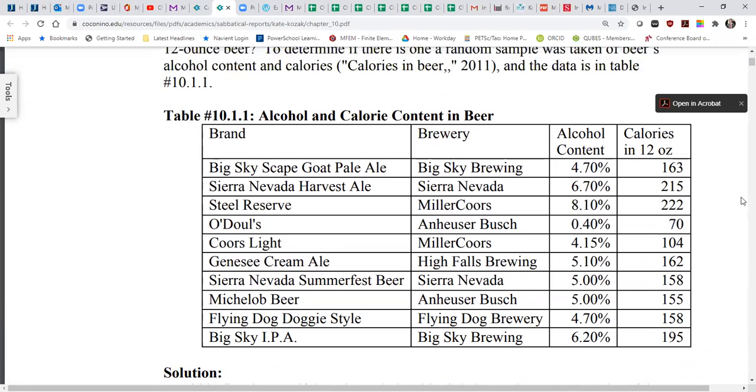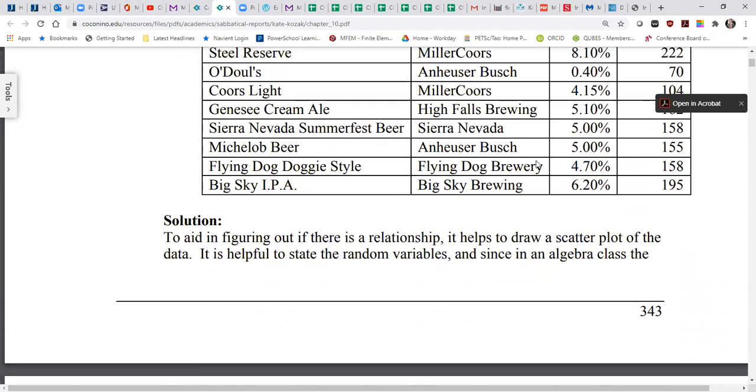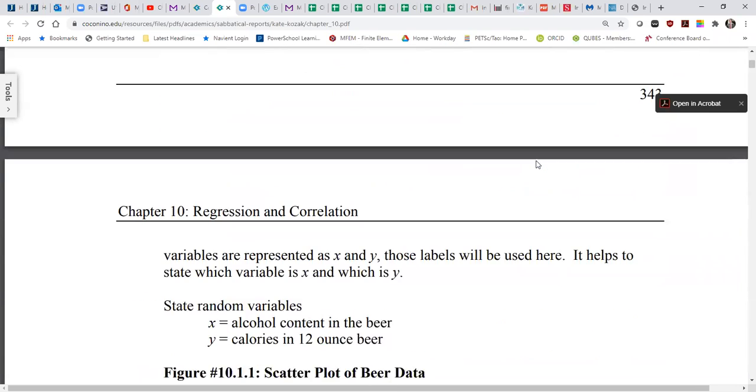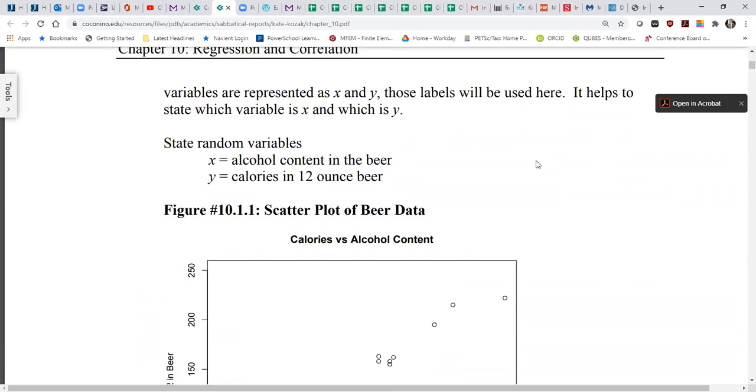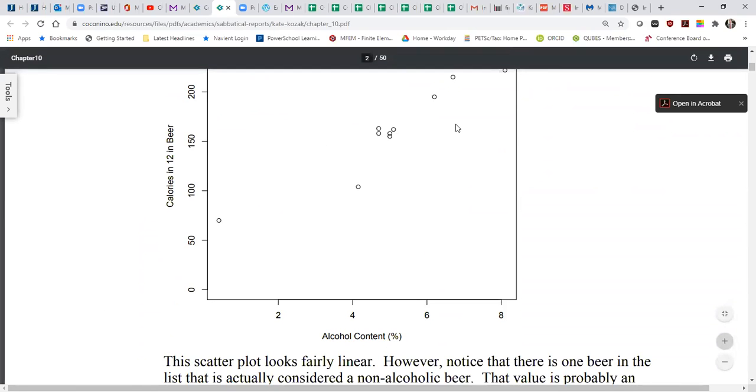So to find the relationship here, we need to use what we call a scatter plot. So this is the scatter plot, showing the relationship between the alcohol content and the calorie content.